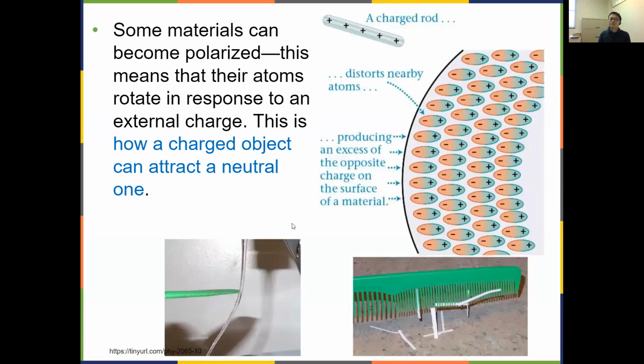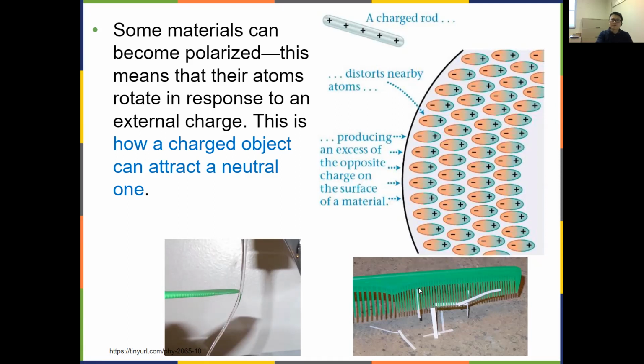All right. So the fact that charged objects can pick up small objects: for example, if you comb your hair with a comb, and of course your hair has to be dry, you can then bring the comb close to a small stream of water from the faucet and make it curve towards the comb, or pick up small pieces of paper.